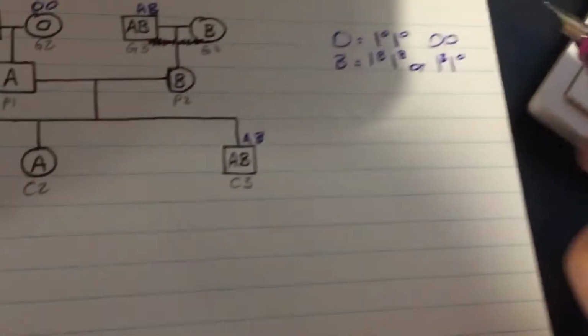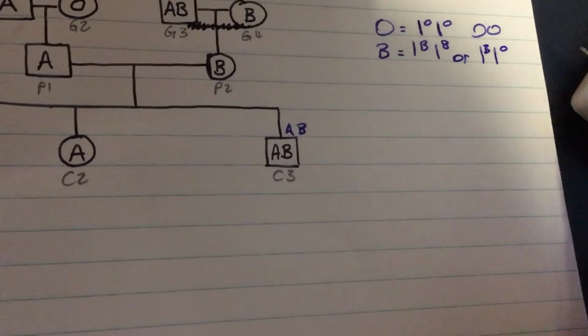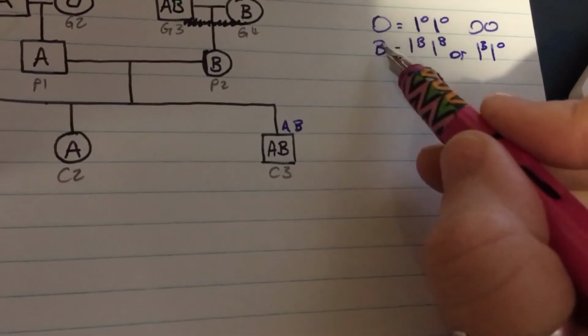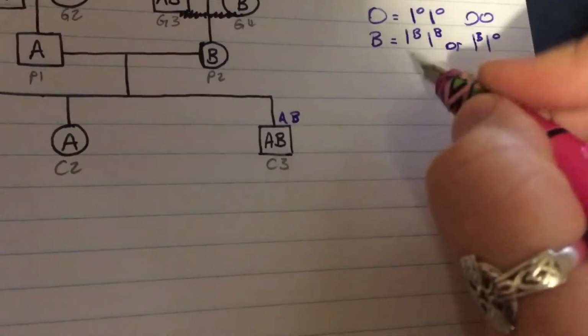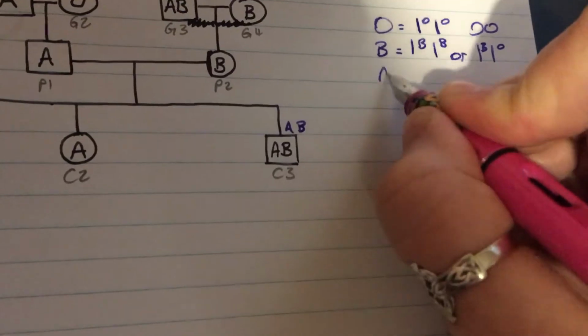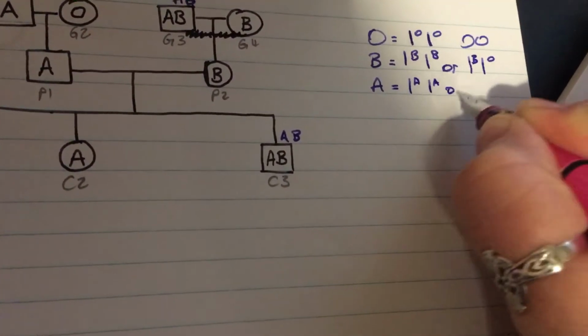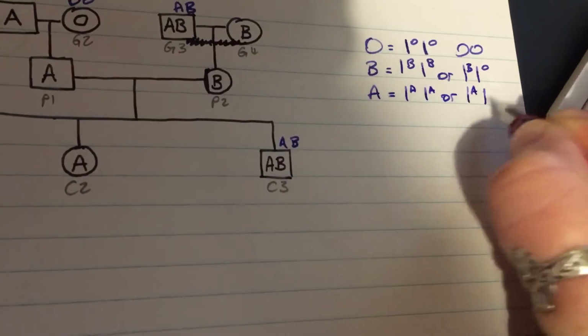Okay, because the O allele can be suppressed by the more dominant B allele, and therefore it would just appear to be B. The O would be completely silenced. The same with A. You could either have AA or you could have AO.